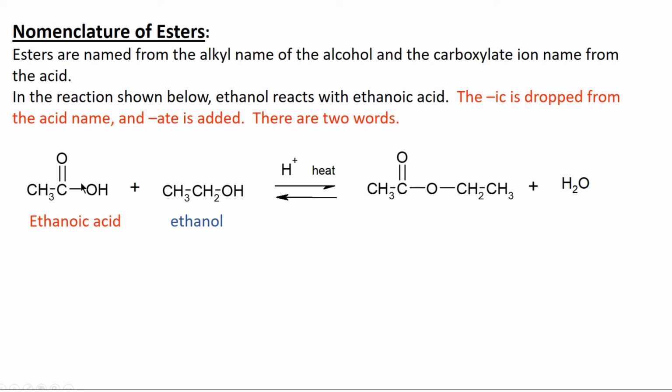Now between these two, ethanoic acid and ethanol, do you remember which one has the highest priority? Look at the carbon that has the most oxygens. This one has the highest priority. That being said, when we name our esters, our base is going to be based off of our carboxylic acid.